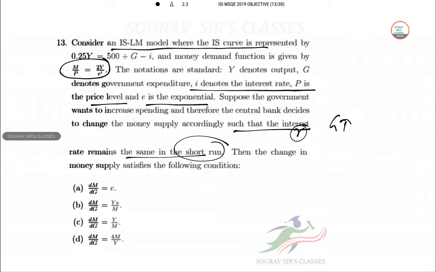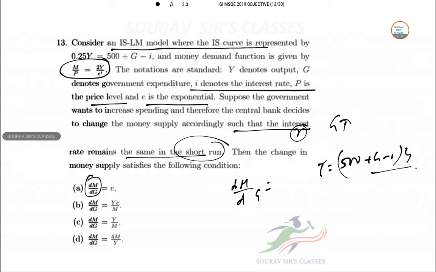So in this case, what will happen? dM by dG: you have Y equal to 500 plus G minus I into 4 times. So dM by dG will be independent of this.